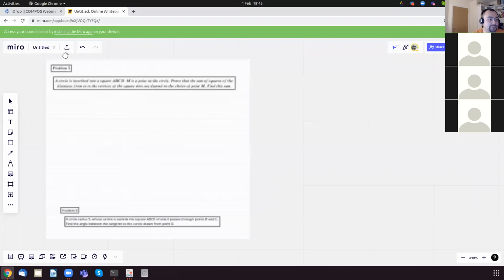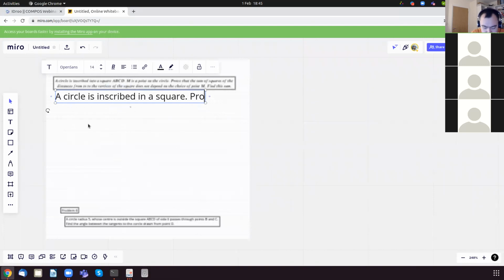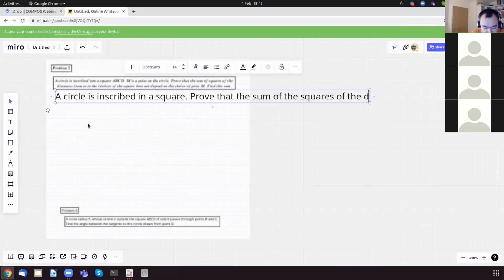Okay, so problem 5, I'll type it out. A circle is inscribed in a square.